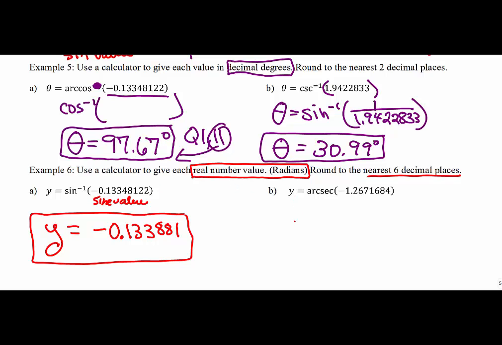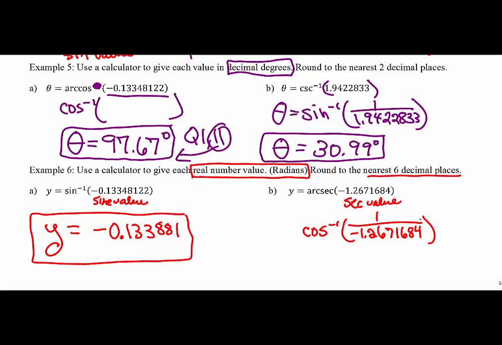Okay, the last one, we have y equals arc secant of this secant value. So we want to know what angle has this secant value. We do not have an arc secant button or secant inverse button in our calculator. So we're going to go to cosine. We're going to take the reciprocal of the function and then the reciprocal of the input. So we're going to put this under 1.